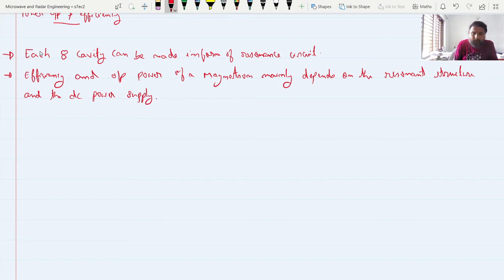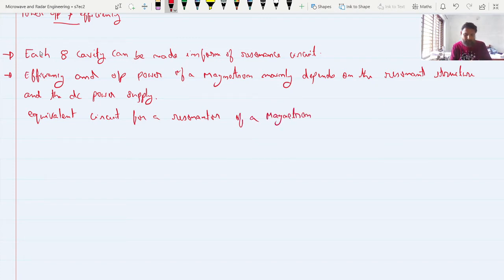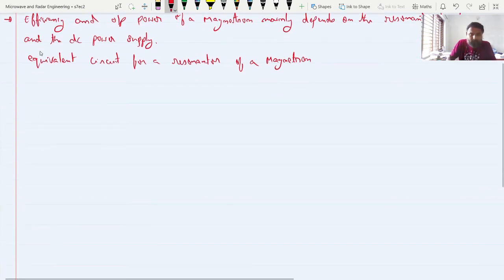So I will draw the equivalent circuit for a resonator of a magnetron. This I will take as Y suffix e.